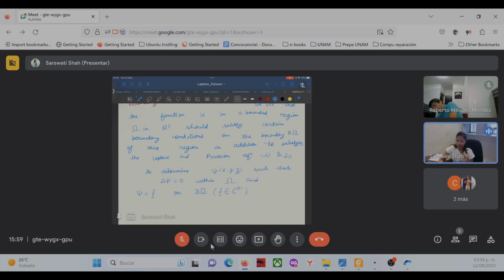We are not talking about the continuity of its first order derivative. f belongs to C naught, it means f is continuous. We are not sure about its derivative because this is the boundary condition.